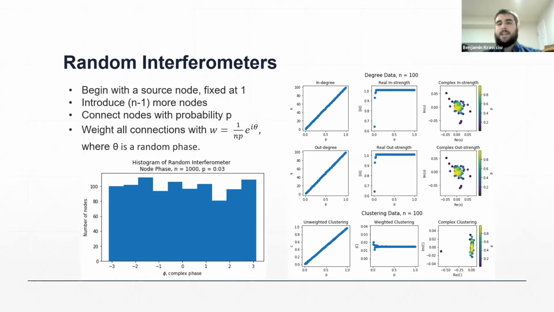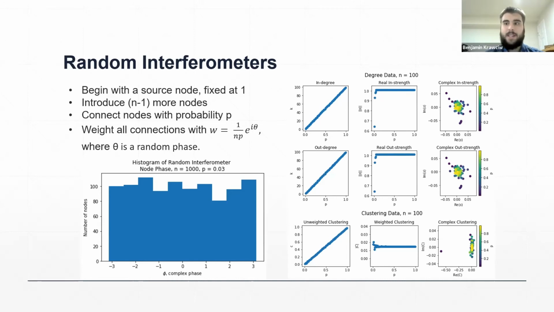On the right, we see some plots. The first two rows are the in and out degrees for the unweighted, weighted, and complex number generalizations. We see that there's just an np proportionality in the unweighted versions, as is true for the traditional unweighted random network. Then for the real version, because of that normalization term, they stabilize to 1.